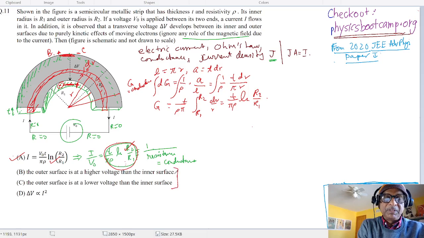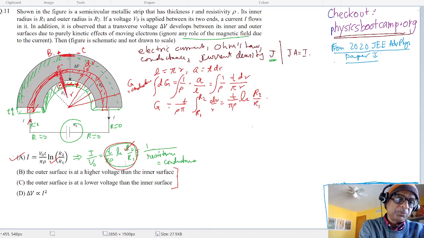This is not that difficult to answer, because we can take one at a time. If the current is going this way, the electron is going that way in a circular motion.